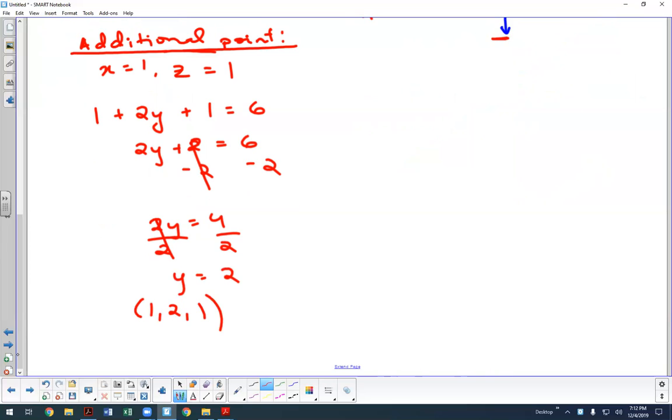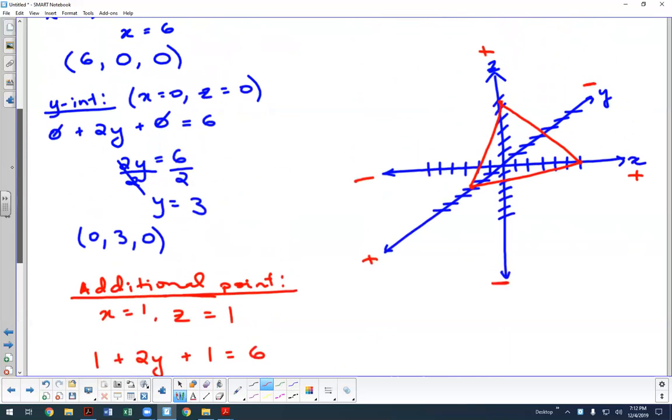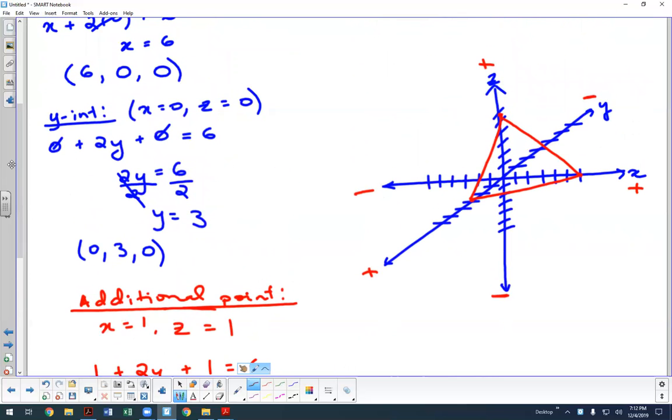Now the idea is we're trying to make sure it's going to be on that same plane that we just drew, and this is where it gets a little tricky. So 1, 2, and 1. That means we're looking at positive 1 on the x-axis, positive 2 on the y-axis, and positive 1 on the z-axis.